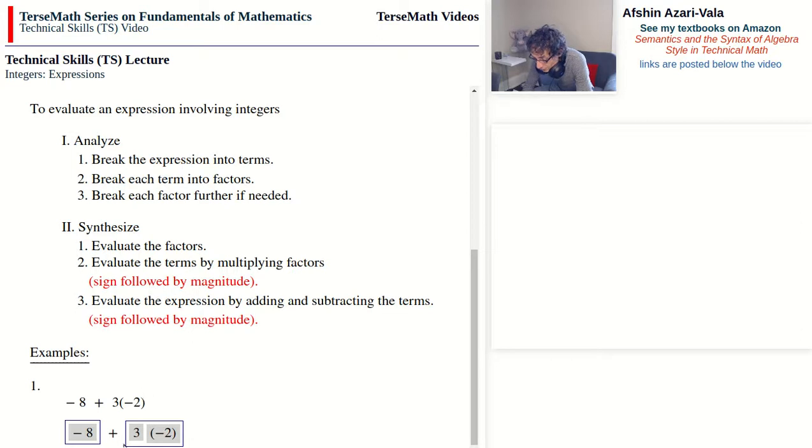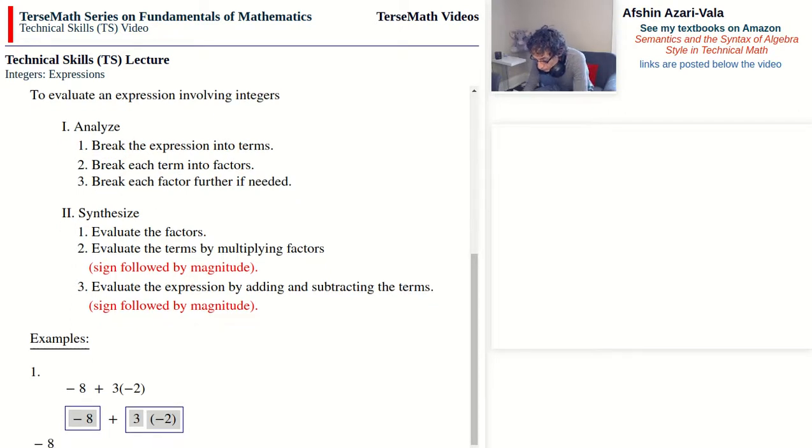And then we multiply 3 by 2 to get the magnitude 6. So what we would write down is -8 for term number 1, and for term number 2, we work out the sign, which is minus, and then we multiply 3 by 2 to get 6.